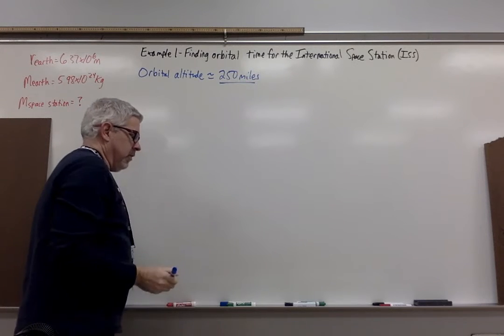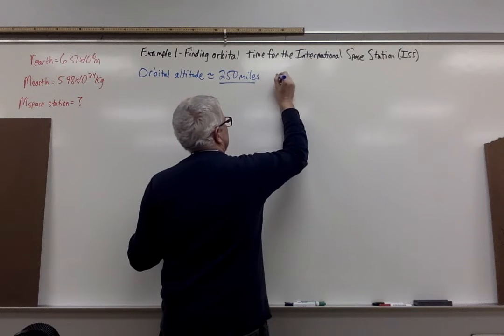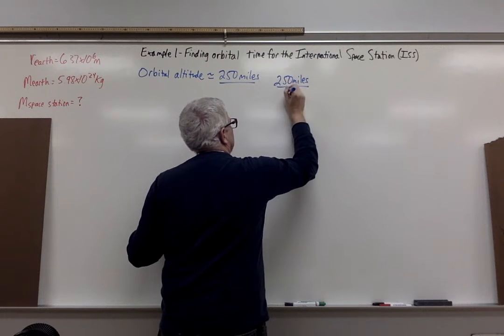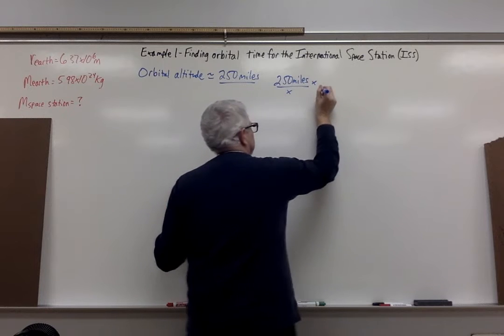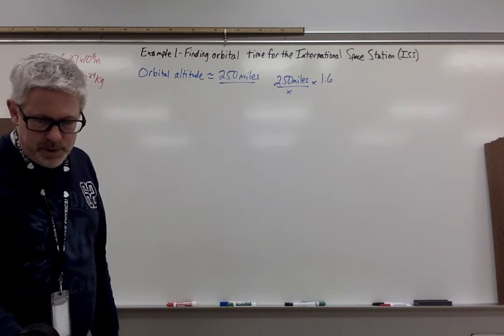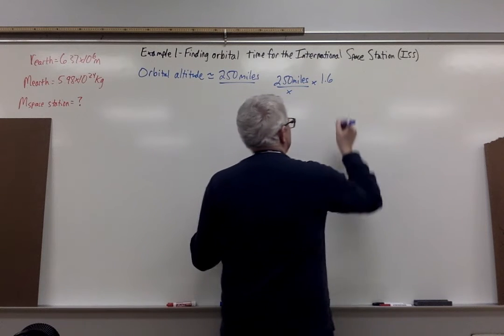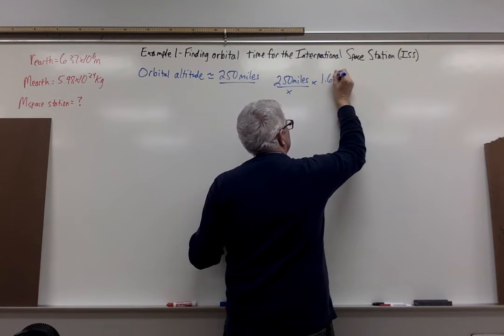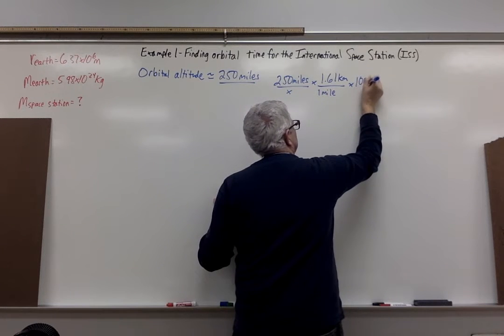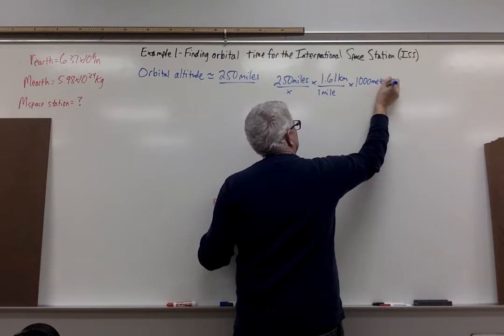so now I'm going to have to convert that. So 250 miles times 1.6, I believe it's 1.61 kilometers, or 1 mile, times 1,000 meters, 1 kilometer.